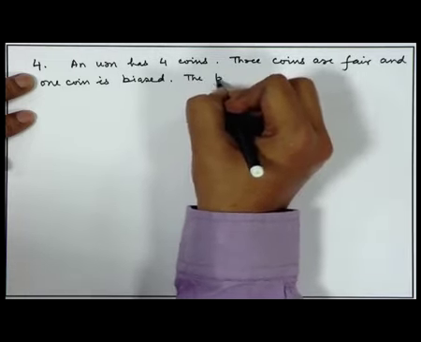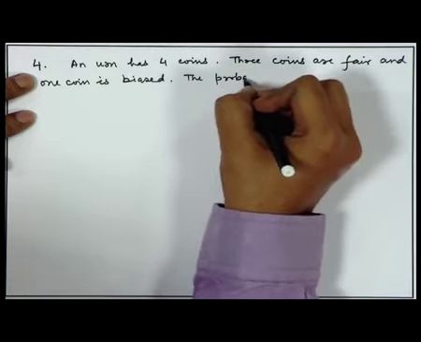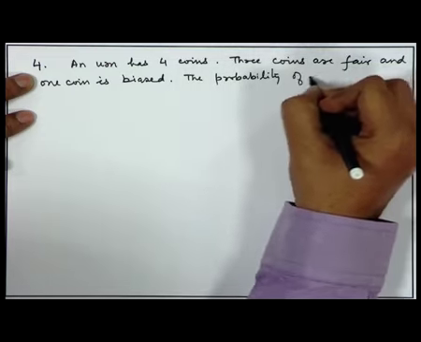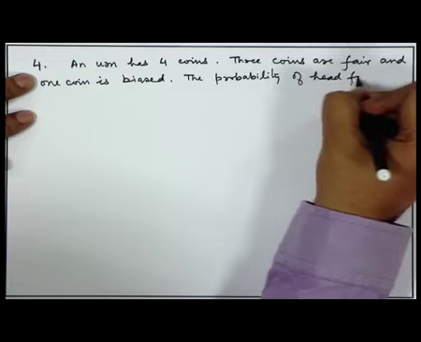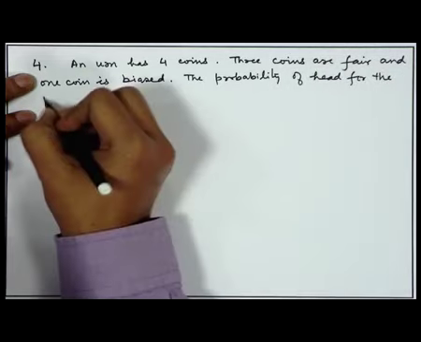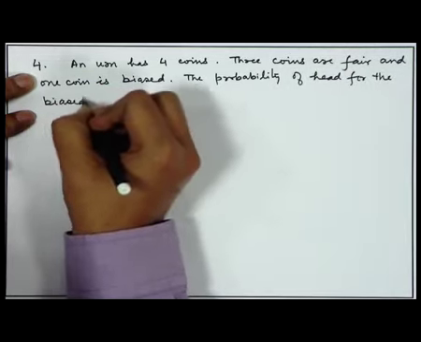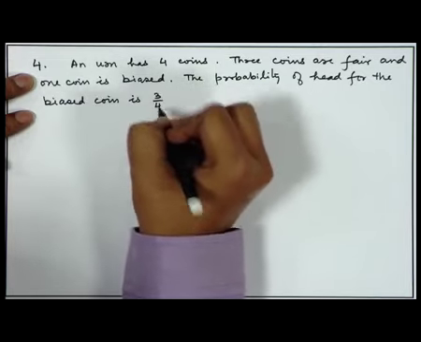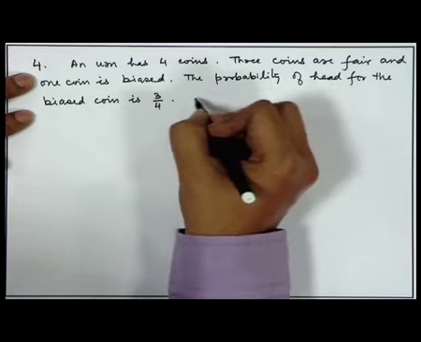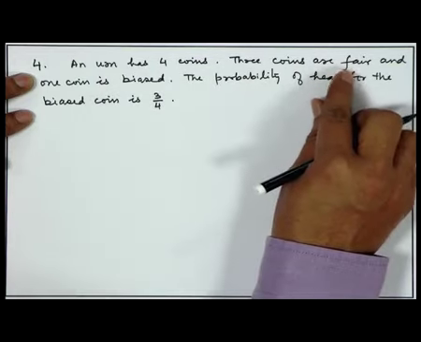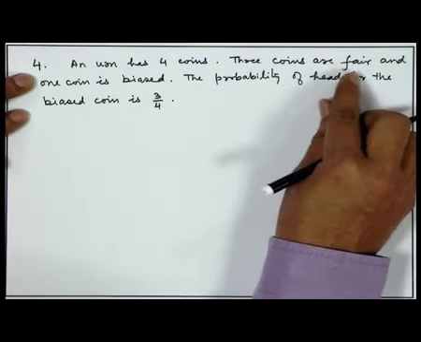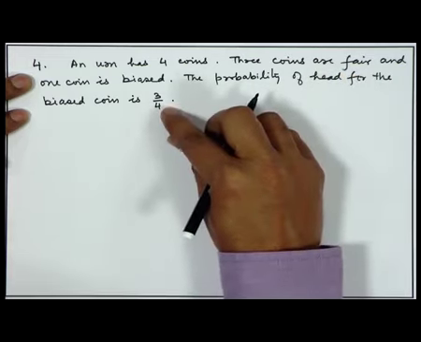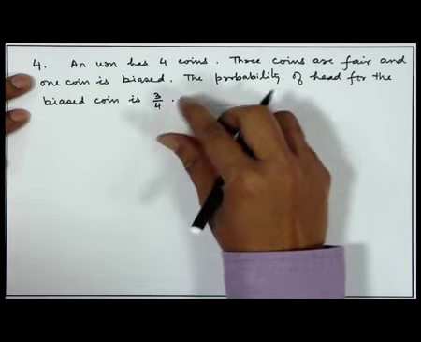Then the probability of head for the biased coin is 3 by 4. So, that means 3 coins are fair. Here the probability of head and tail is half each, and for the biased coin the probability of head is 3 by 4. So, the probability of tail will be 1 by 4.